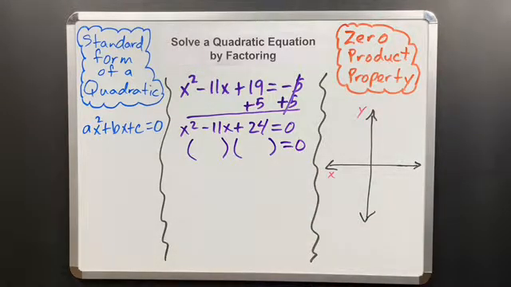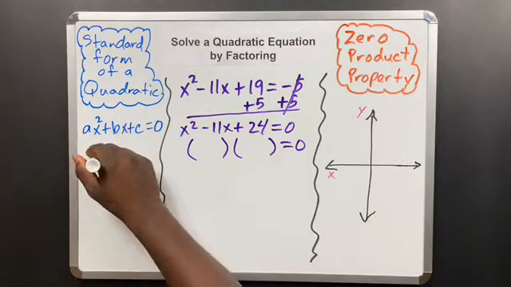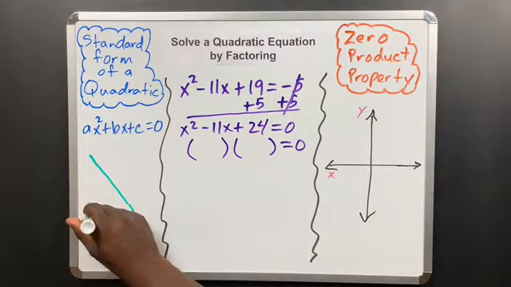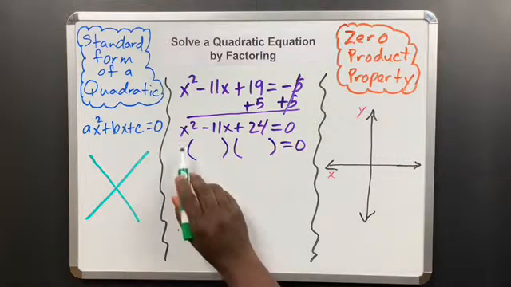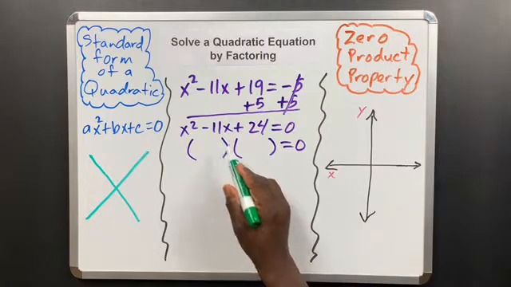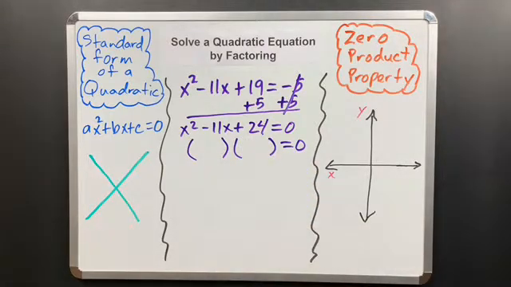That's why it's called factoring. So let's go ahead and get this going. I'm going to use this graphic organizer to help us factor this quadratic. So we're going to factor x squared minus 11x plus 24 equals 0.